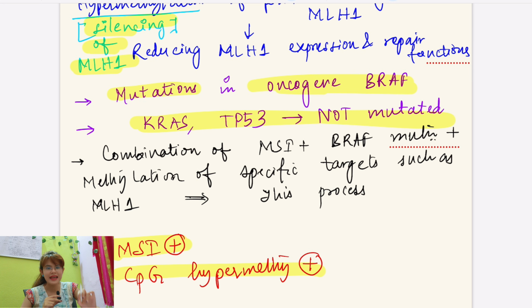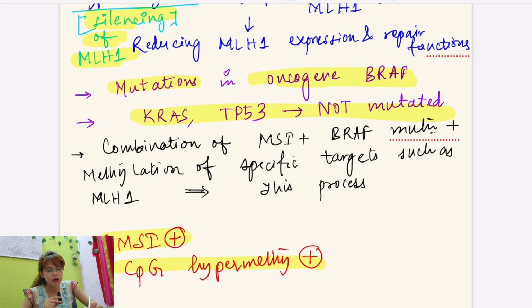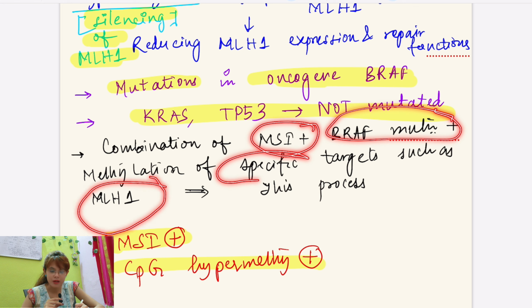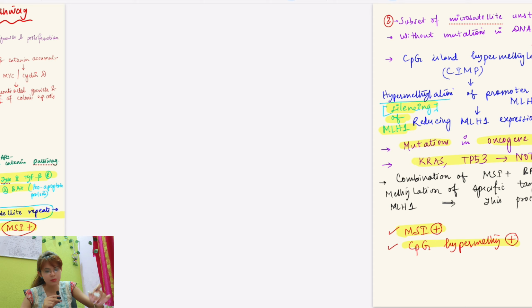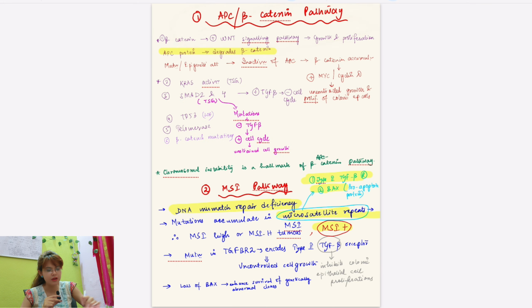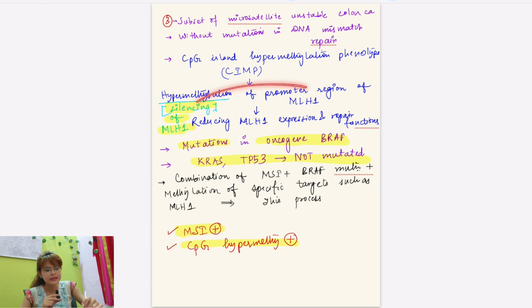Therefore, as a summary, the combination of MSI plus BRAF mutation positive, and methylation of some targets of the MLH1 gene, all these three things will point to this particular process, the CIMP or hypermethylation pathway. So I have taught you three mechanisms. Number one is the beta catenin APC pathway, number two is the MSI pathway, number three is the CIMP pathway.